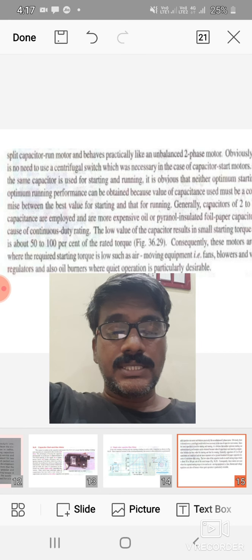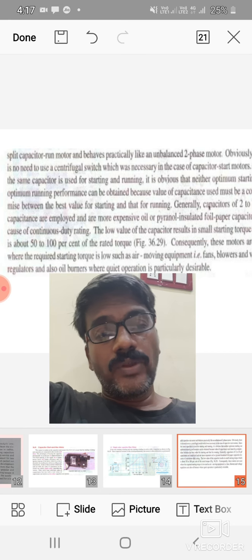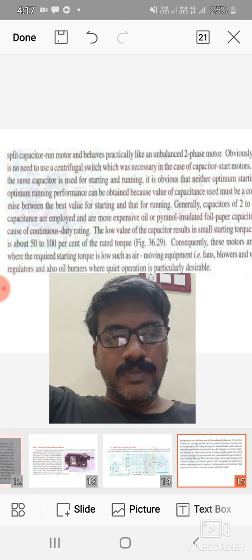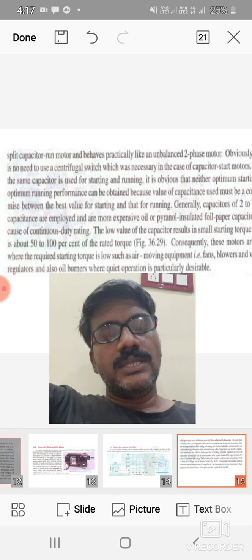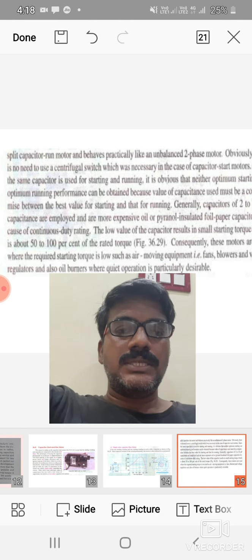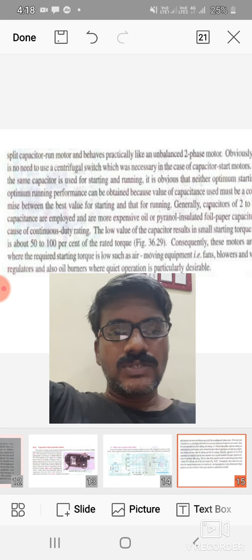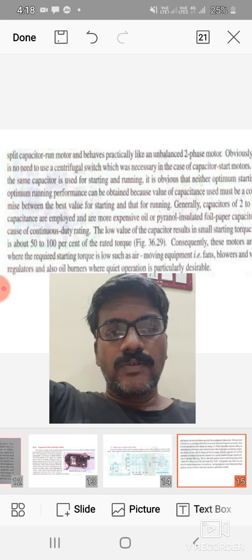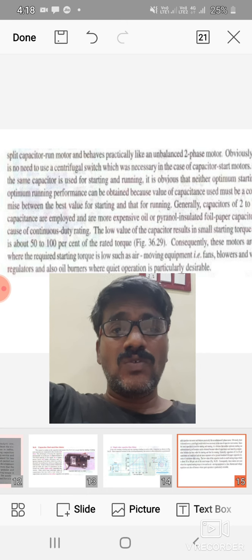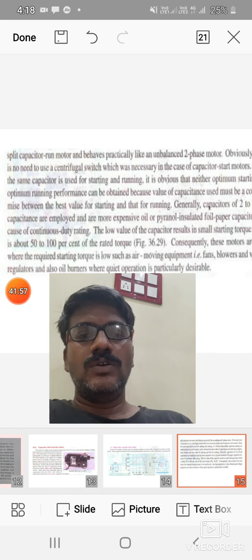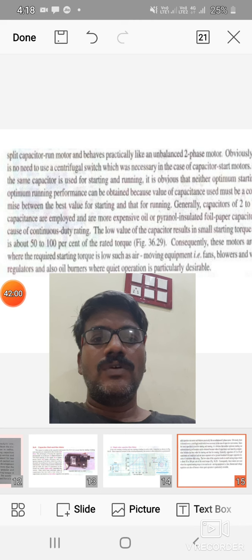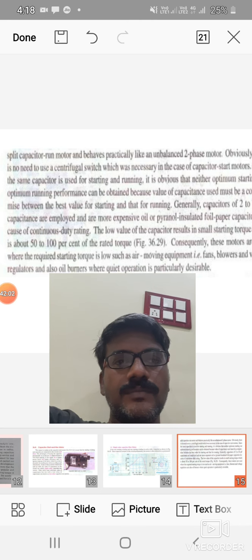But it is 100 to 150% for the capacitor resistor start type. And for the capacitor start motor, in the previous one, we get 300 to 400% of full load torque, right?